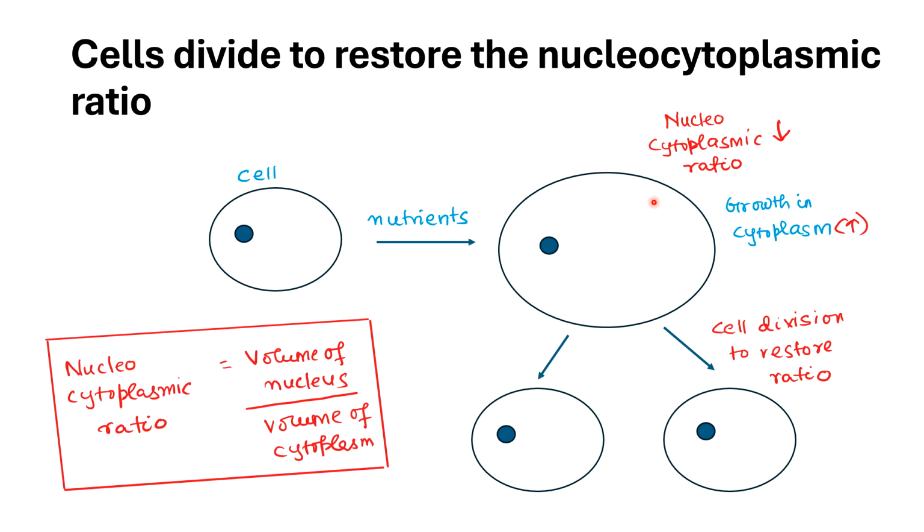By increase in size, I mean that there is growth in the cytoplasmic content of the cell. So what happens? This ratio is disturbed. Why? Because the denominator, that is the volume of cytoplasm, is more. So when the nucleocytoplasmic ratio is disturbed, the cell tends to divide. Is that clear?